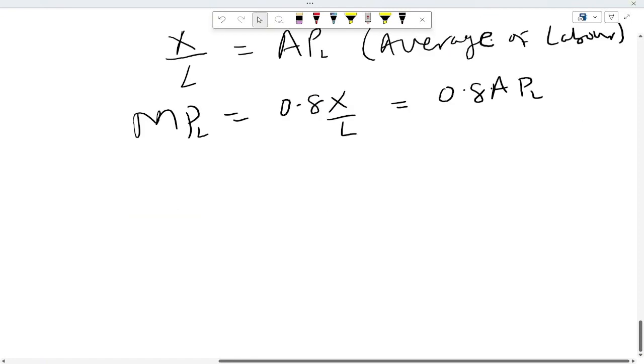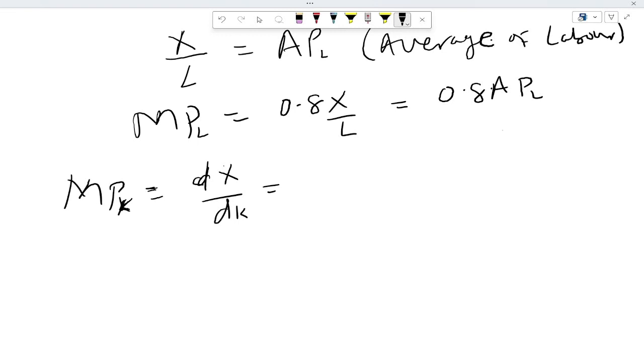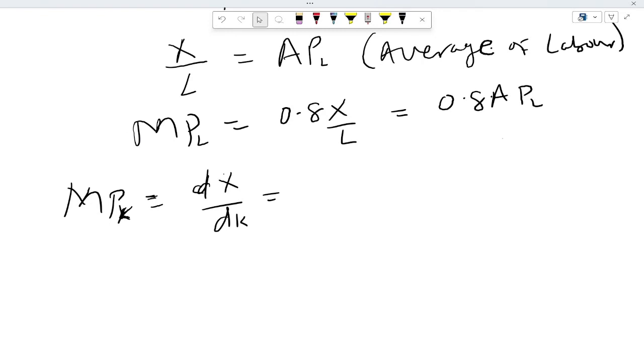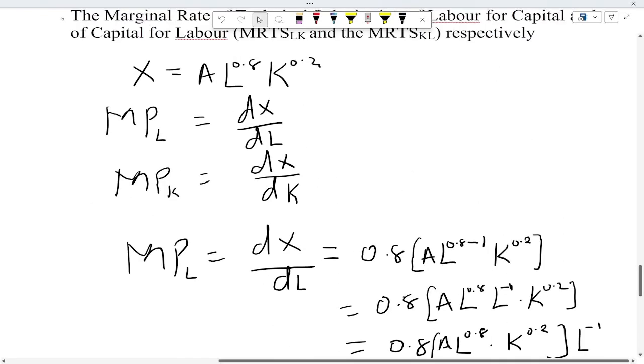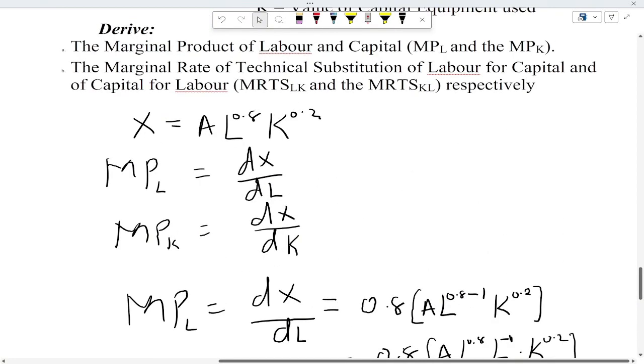You go further again to derive the MPK, which is also the same thing as the derivative of x with respect to K. So when you differentiate the equation x with respect to K, that means you are only going to take the power of K this time around.